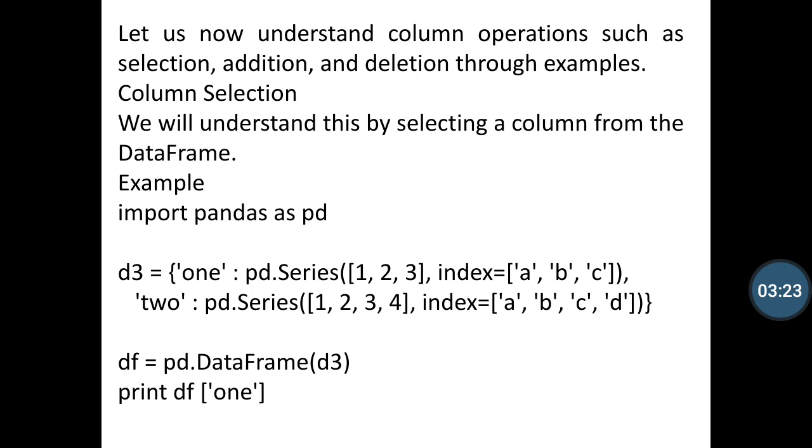As in the previous example, 1 and 2 are the dictionary keys, and the referencing series are 1 2 3 and 1 2 3 4, and the index is correspondingly abc and abcd. Then to create a data frame, define a df variable with pd dot DataFrame and put the d3 variable in this data frame, and then you can write print and then df1.